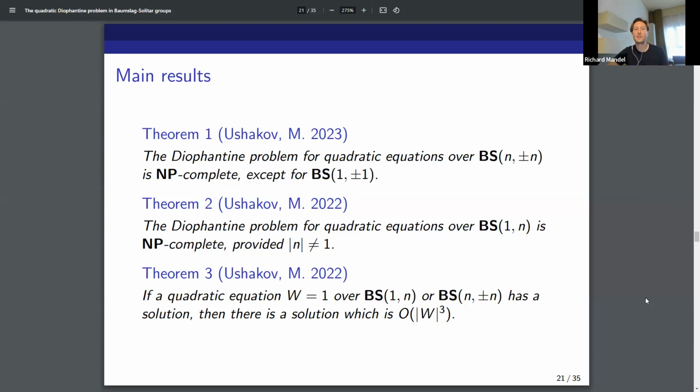Roughly speaking, this means there is a proof that witnesses the positive instances of your problem, which is verifiable in polynomial time. So you need a polynomial size certificate or witness, and you need to be able to verify it in polynomial time. Okay, we'll go into the next slide.